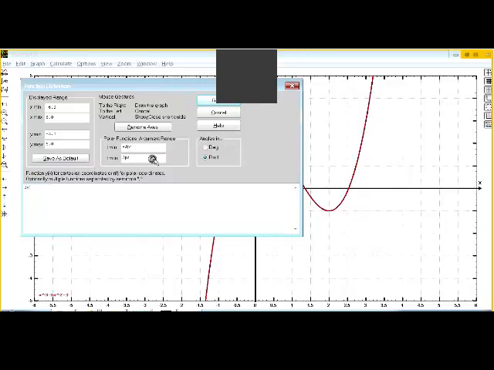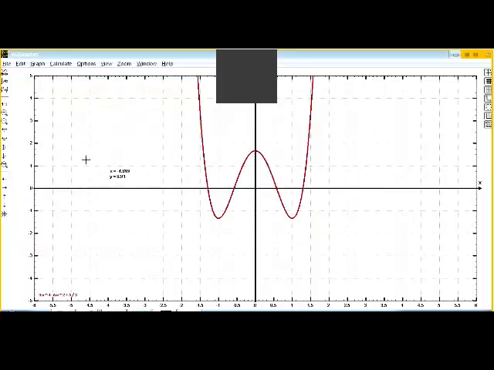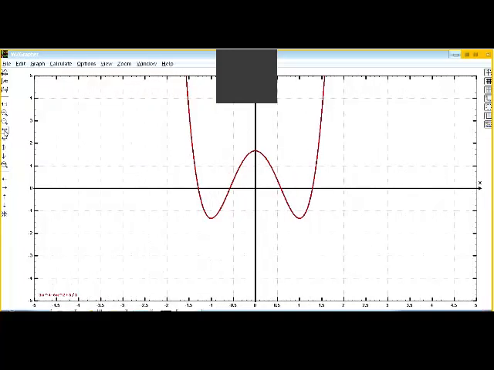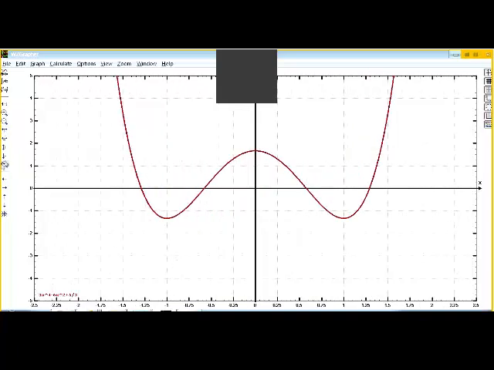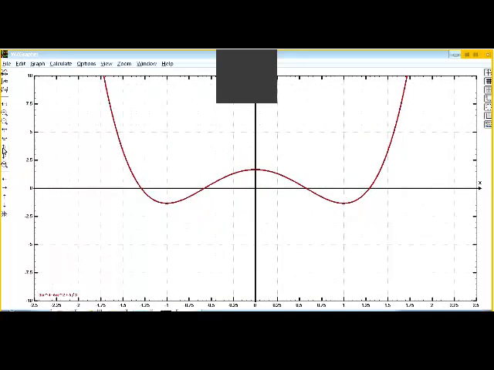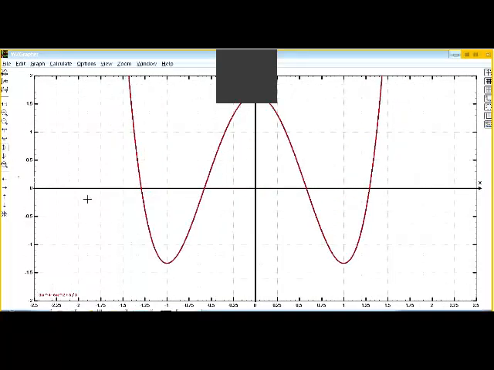And the function we're looking at is 3x to the 4th minus 6x squared plus 5 divided by 3. So we graph it. There you go. It looks just like we thought it would. And we're going to zoom in a little bit so we can see this in more detail.